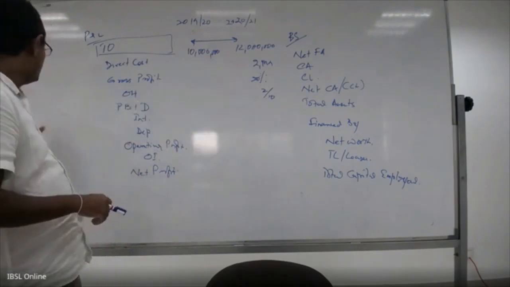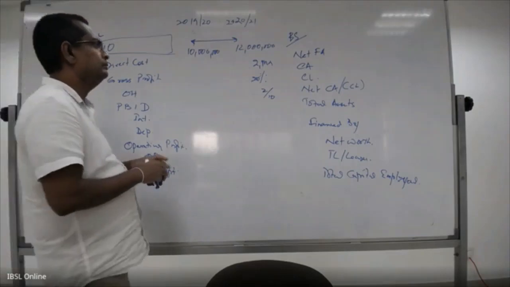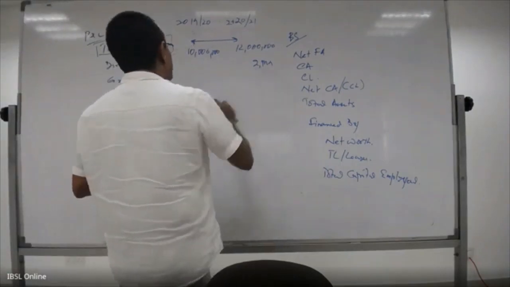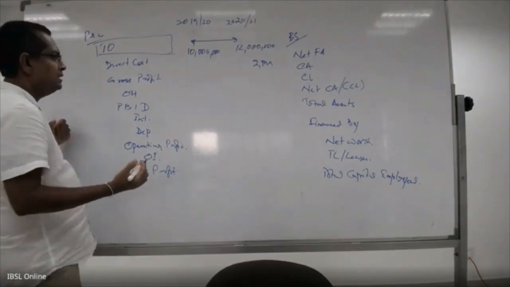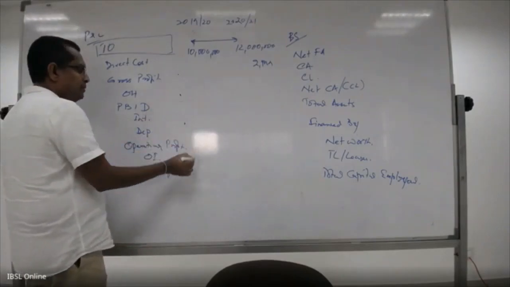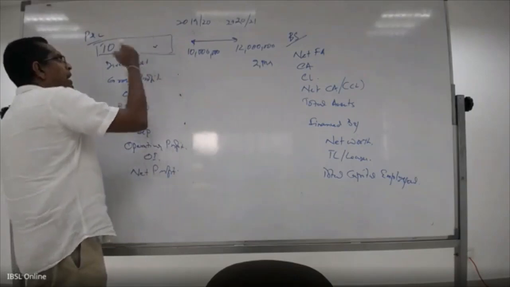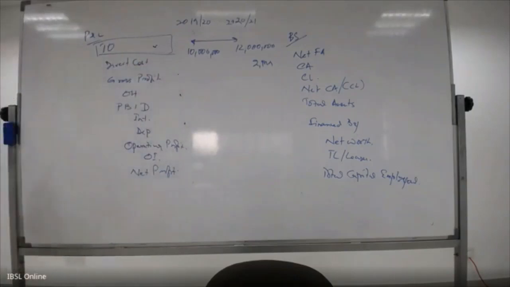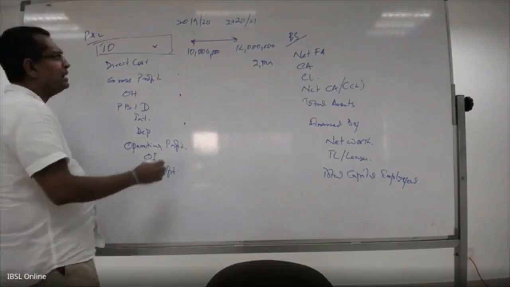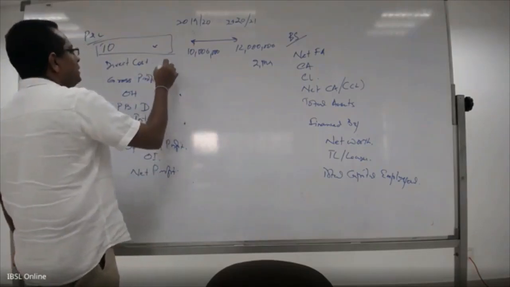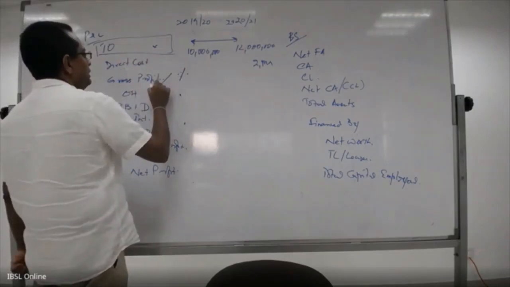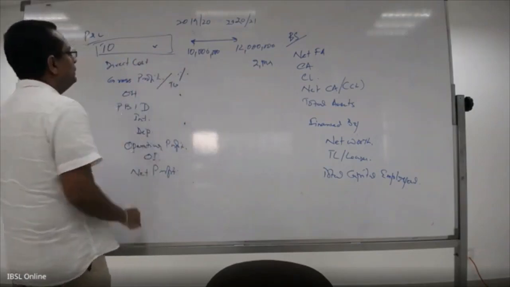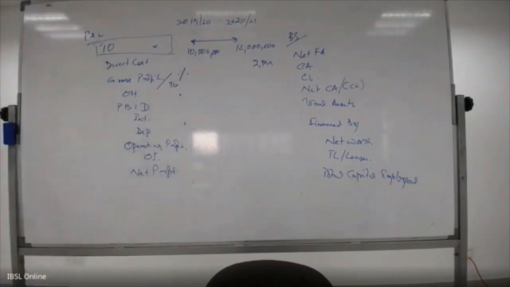Then we go to vertical. Vertical means we represent all these items as a percentage of a major item. Right? And we compare what is the percentage of gross profit. Turnover divided by turnover. Gross profit, GP divided by turnover.